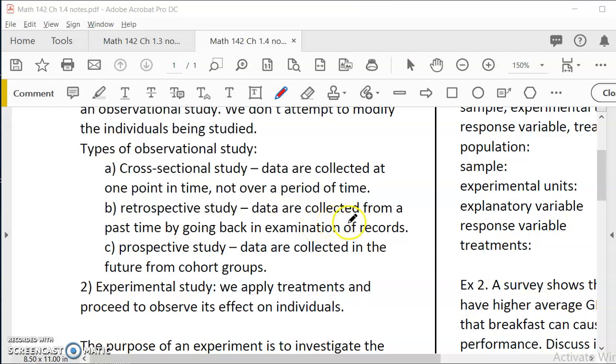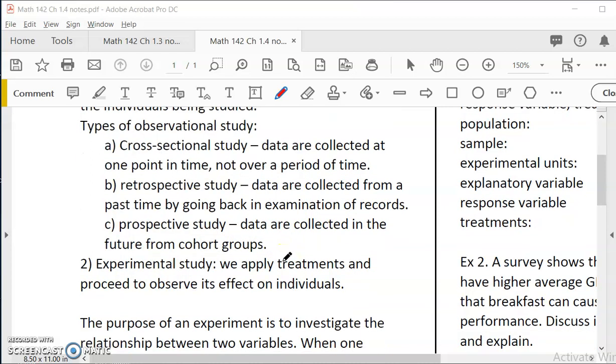You just choose them, and go back to examine their medical records or whatever they have done long ago. Prospective studies are where data are collected in the future from cohort groups. You pick your sample, but you do not collect the data right away. You see what happens in the future.